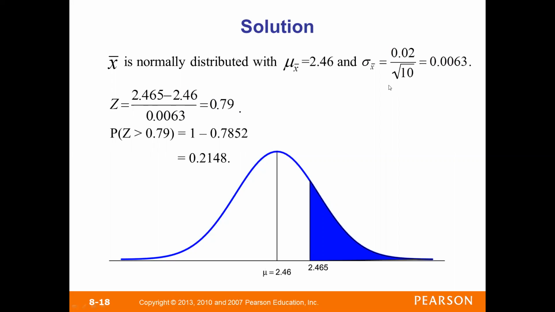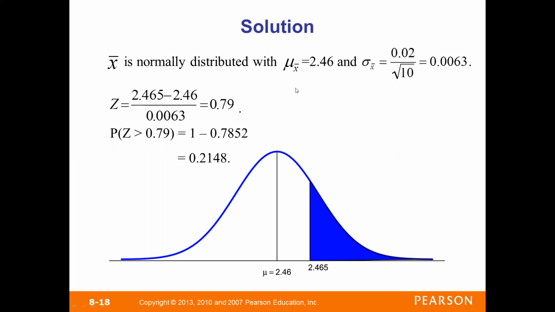So now the question is, let's find the probability that the variable x bar is greater than 2.465, knowing that the mean of the distribution we're looking at is 2.46, and the standard deviation of that distribution is 0.0063.